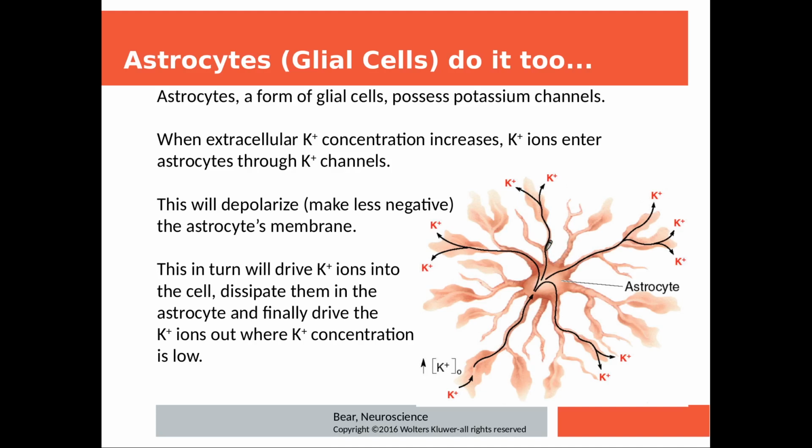Of course, when you eat a banana or something, right, you want sodium, you want potassium and such to be roughly equally distributed all around the brain so that any cell can use it, right? You want the gradient to be similar everywhere so all the cells can have the right concentrations and keep the right membrane potential, right? Well, astrocytes, remember astrocytes is a type of glial cell. Glial cells are the support cells, right?